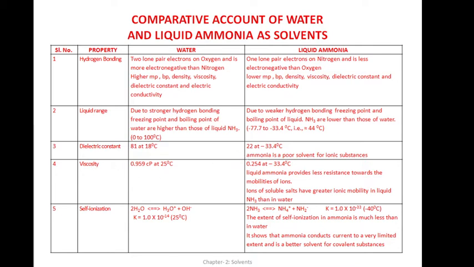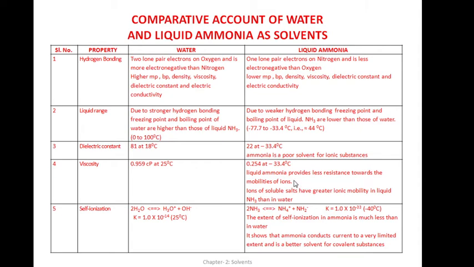Viscosity. Water is more viscous compared to liquid ammonia. Viscosity is 0.959 at 25 degrees, whereas here it is only 0.254 at minus 33.4 degrees. Hence, liquid ammonia provides less resistance towards the mobility of ions.